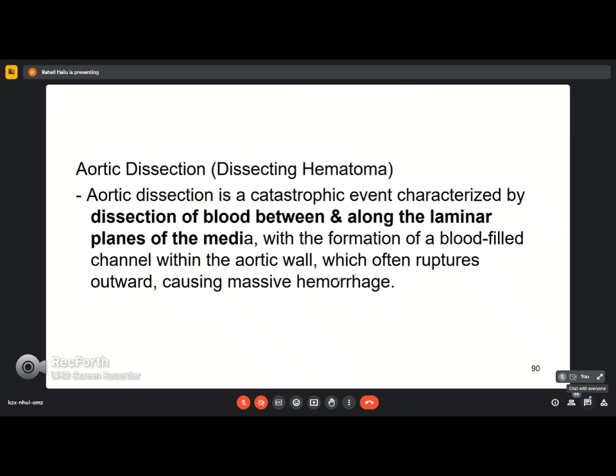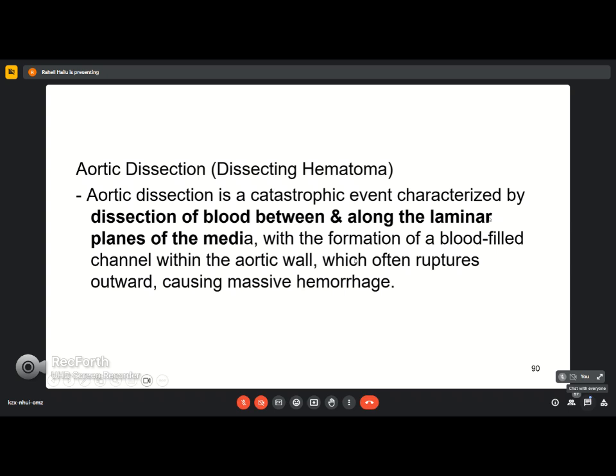So the next is what we call aortic dissection, or dissecting hematoma. Whenever there is a compromise of the endothelium, and blood gets access without actually rupturing the whole wall, then blood can split between the laminar planes of the media and cause what's known as dissection.